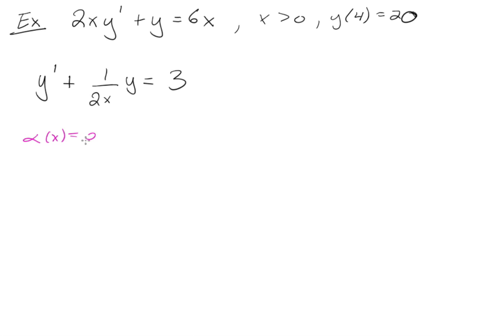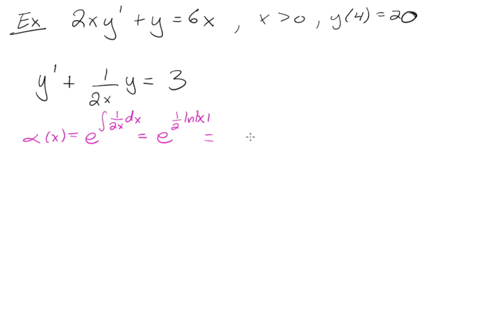Alpha is e to the integral of 1 over 2x dx, which is, oh, this isn't a very good one, is it? All right, so what is this equal to? So e to the 1/2 natural log of x, right?